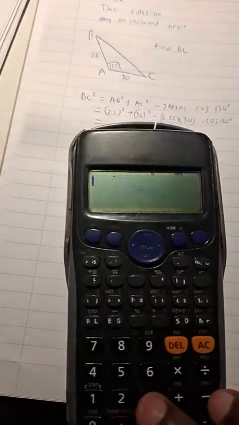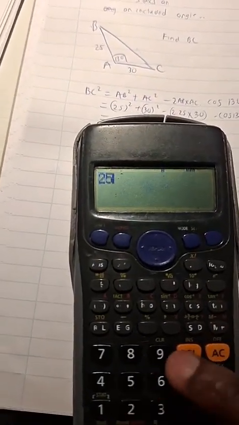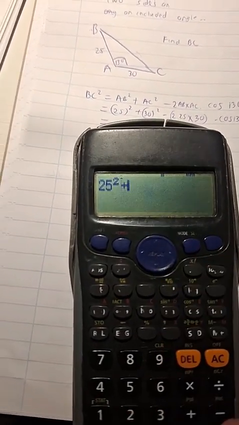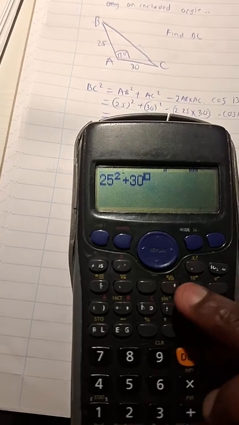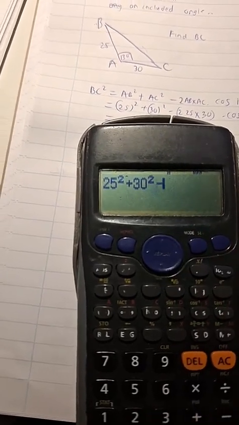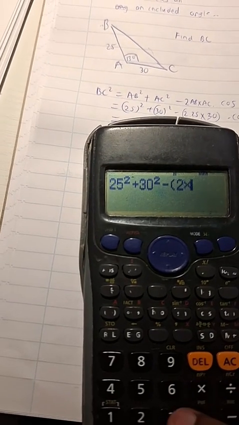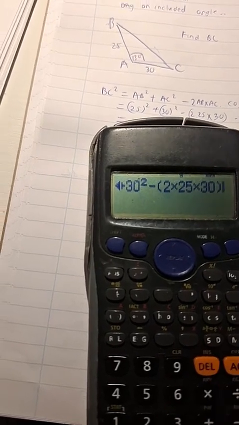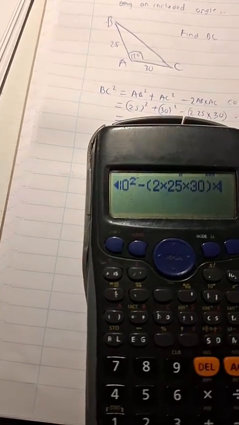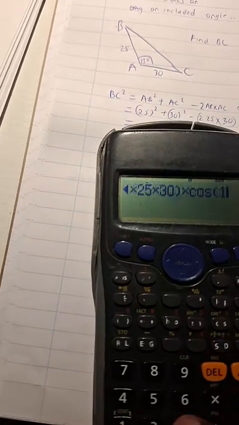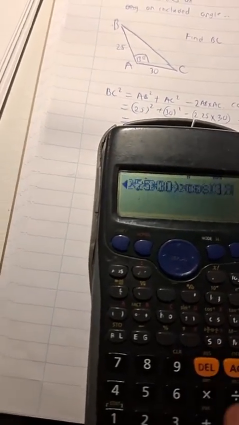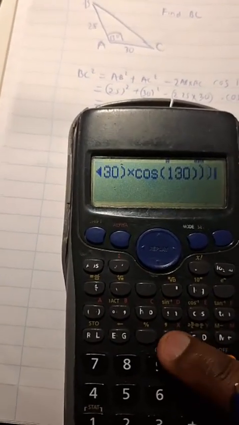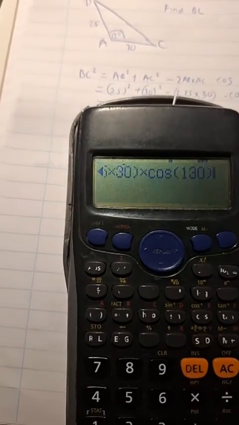I'm just going to do that very quickly so that we can appreciate the value that we get. 25 squared plus 30 squared minus 2 times 25 times 30 times cos 130, close the bracket, equal.